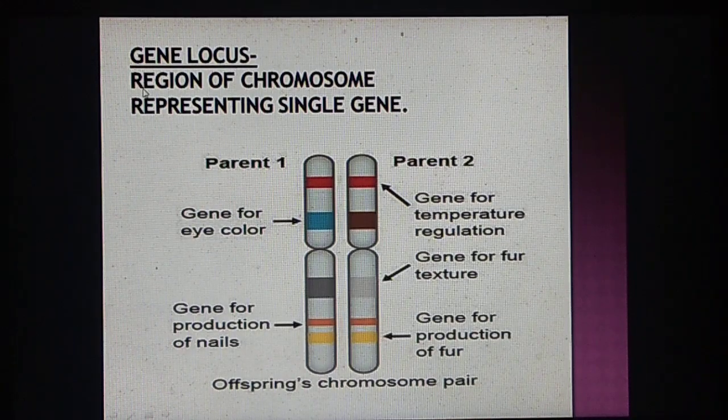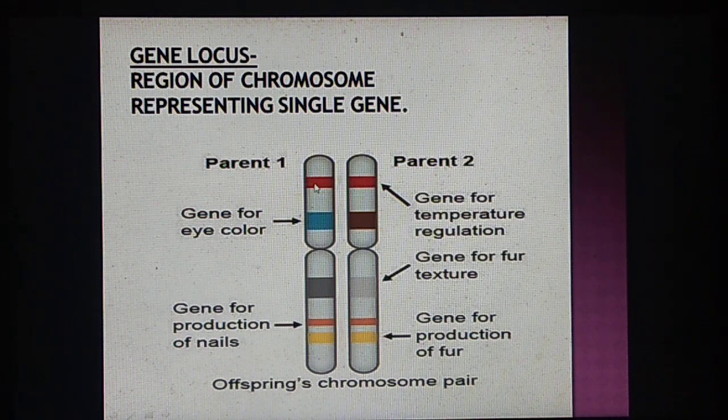Gene locus. It is the region of a chromosome representing a single gene. As it is given, a single gene indicates a particular trait or characteristic, and there is a particular locus, location or position on the homologous chromosome. So the location on one chromosome will be the same location on the other chromosome too.